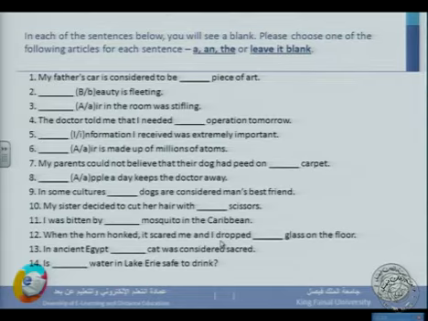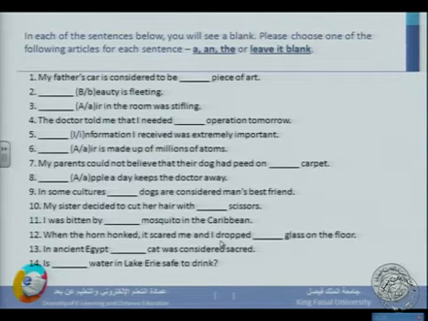Here we have actually a group of sentences, and I want you to do all of these exercises in order to understand the uses of the articles. In each of the sentences below, you will see a blank, as you can see now.